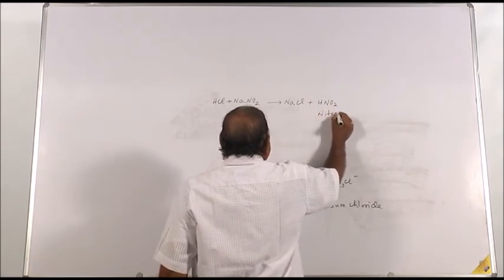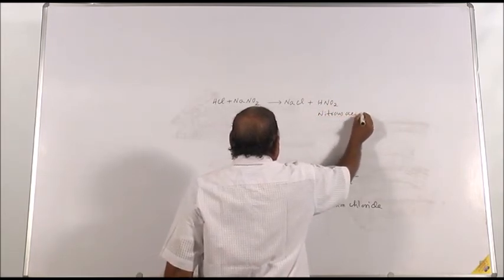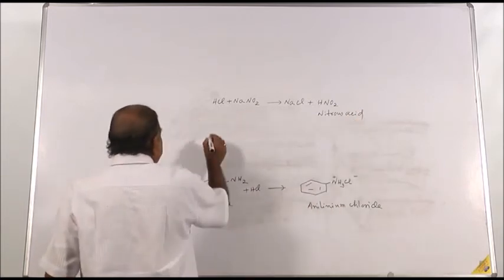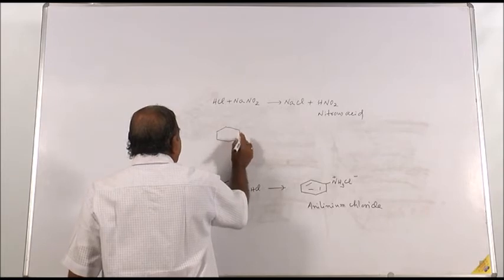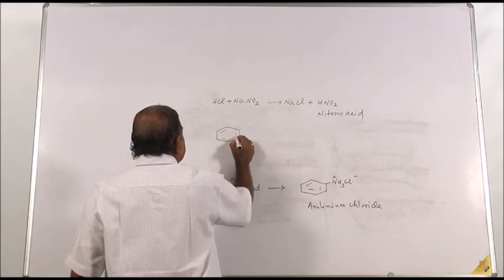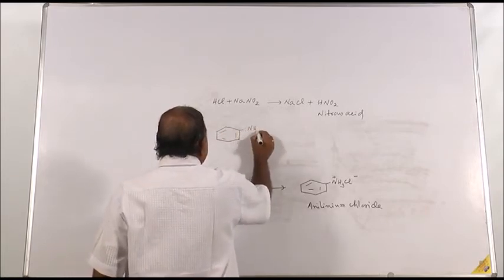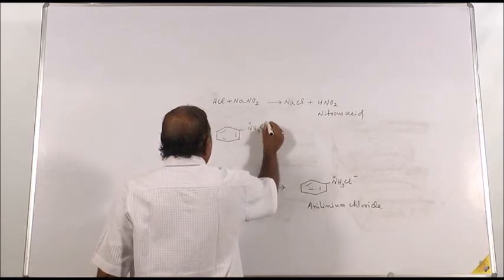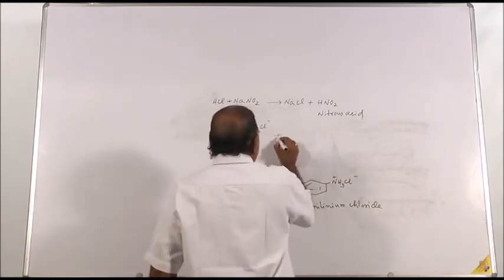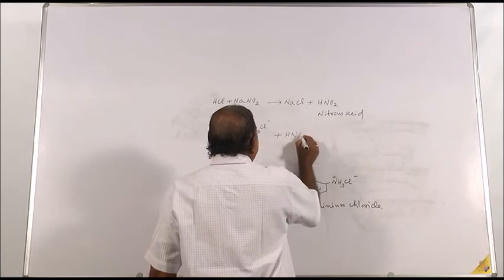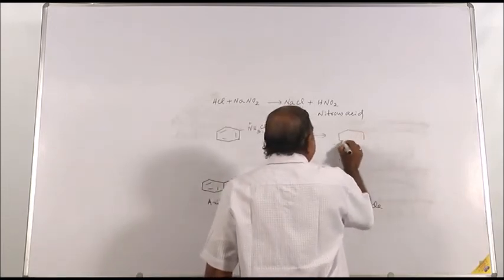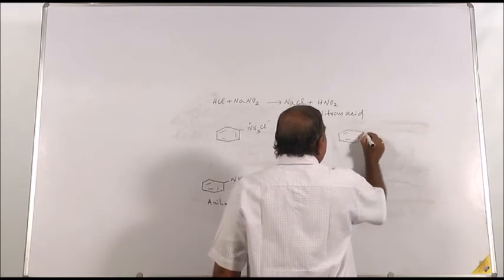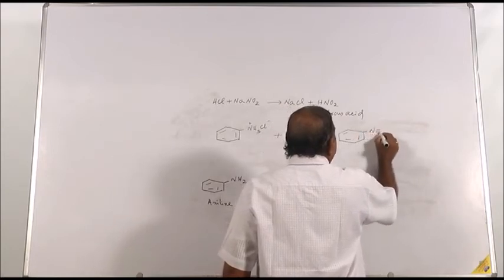This nitrous acid will now react with anilinium chloride, when you will get benzene diazonium chloride, C6H5 N triple bond N plus Cl minus.